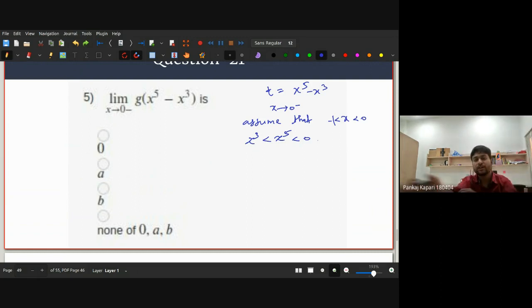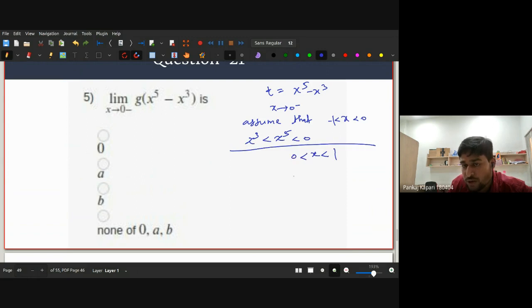Okay, so you can verify that this inequality holds. Conversely, you can also verify it assuming that x is positive. Assume that x lies between 0 and 1, then you will have x to the power 5 is less than x cube.